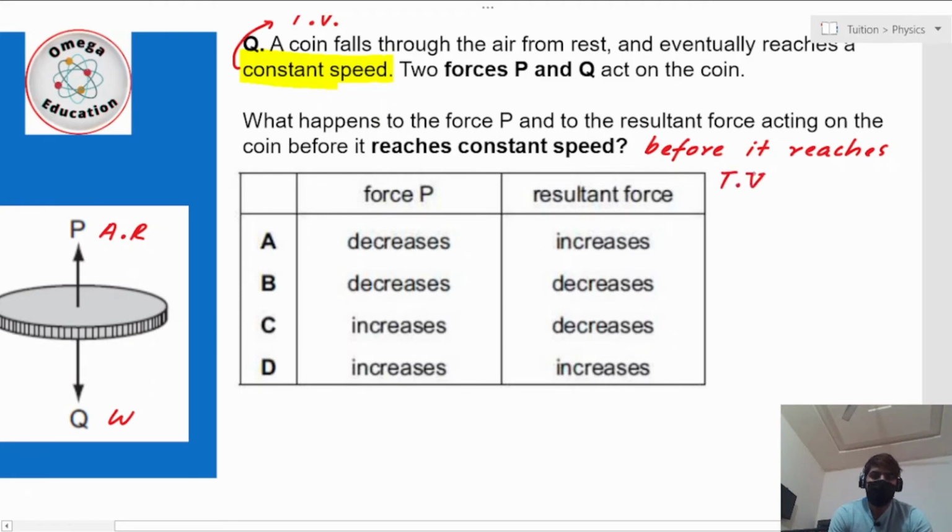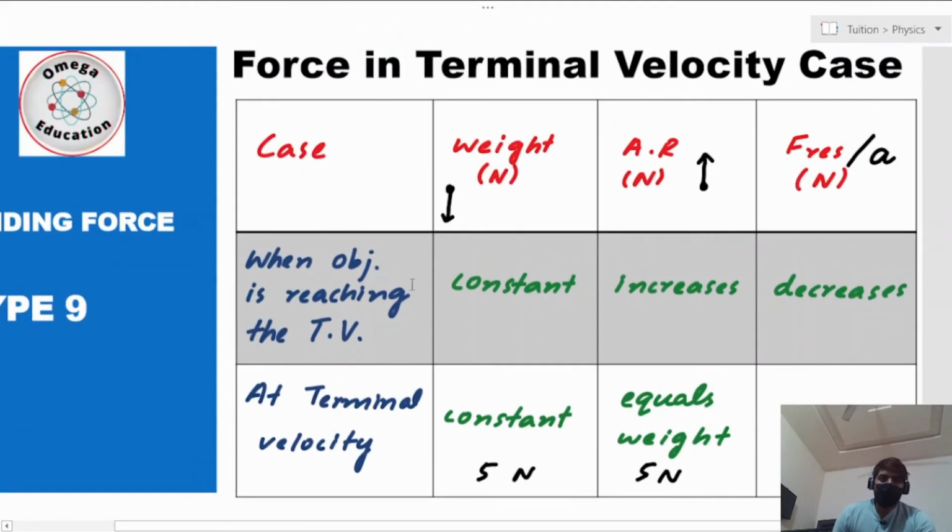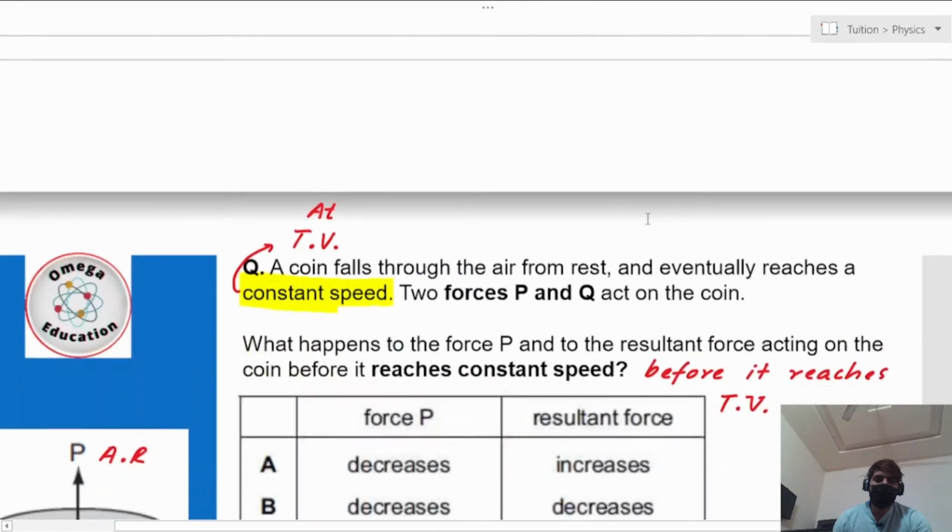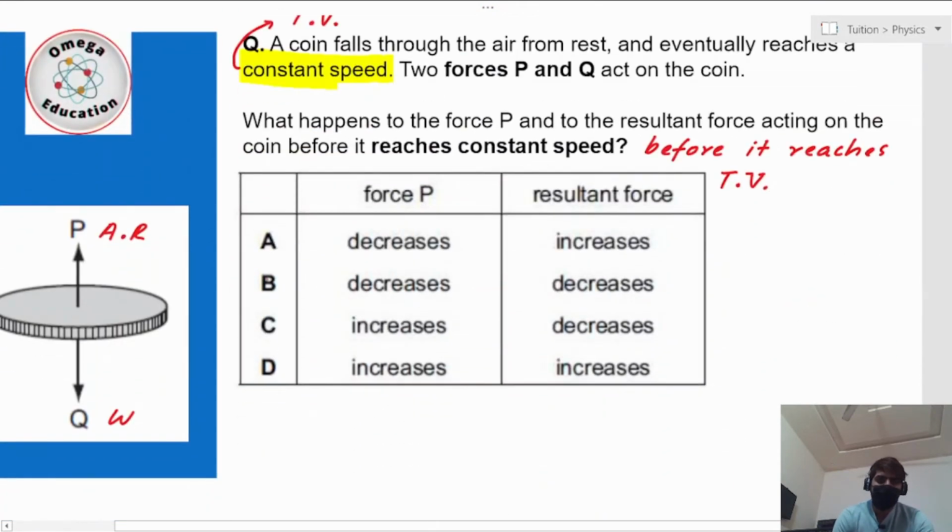Constant speed here means terminal velocity when the object is having free fall. So force P is the air resistance. Before the object reaches the terminal velocity, what happens to the air resistance? It increases. So it can't be this one, can't be this one.